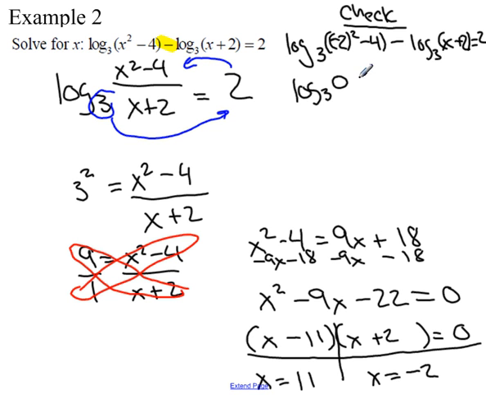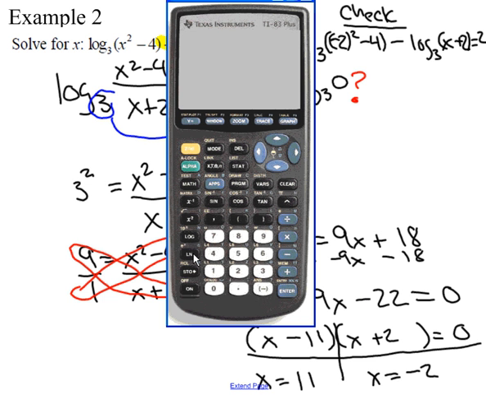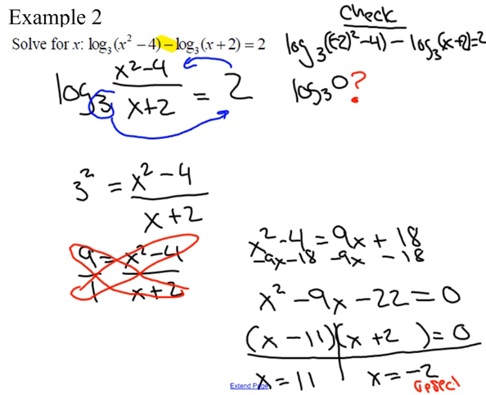Now, this is important. Put that in your calculator and see what it gives you. Log 0 over, because you have to use a change of base, log 0 over log 3. Calculator says it's not in the domain. So that means that you have to reject negative 2.